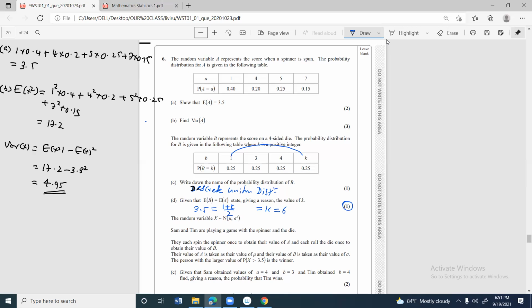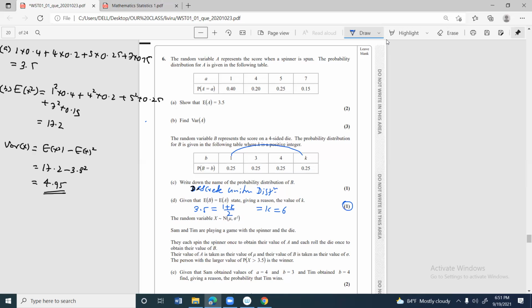The person with the larger value of the probability of X being greater than 3.5 is the winner. Given that Sam obtained A equals 4 and B equals 3, and Tim obtained B equals 4, find, giving a reason, the probability that Tim wins.